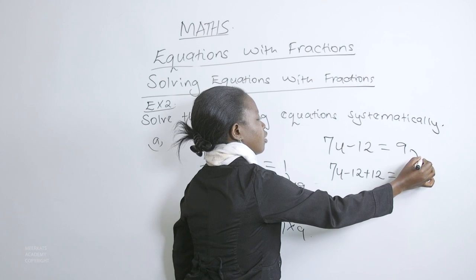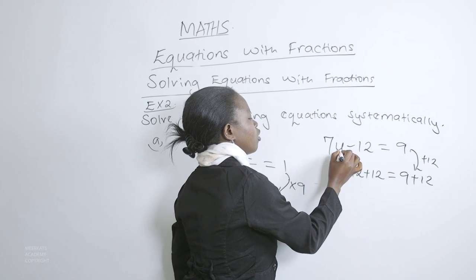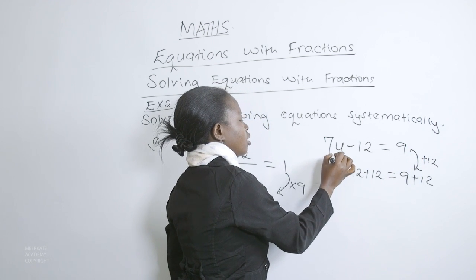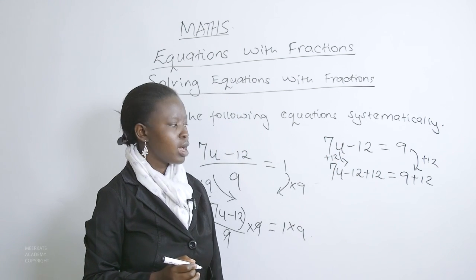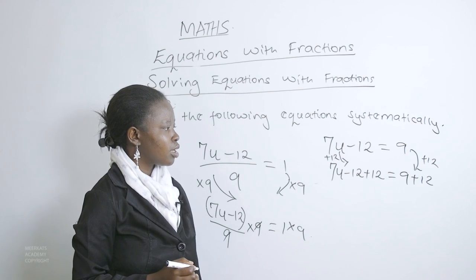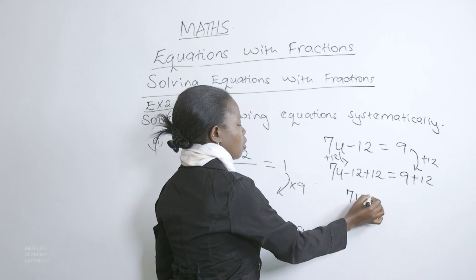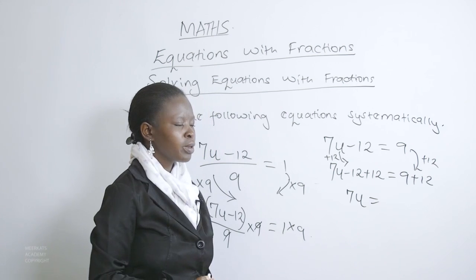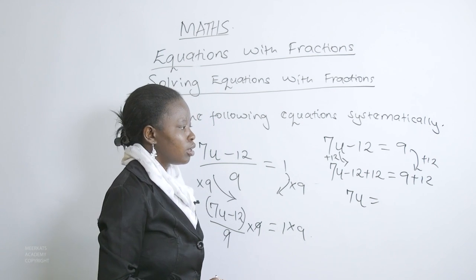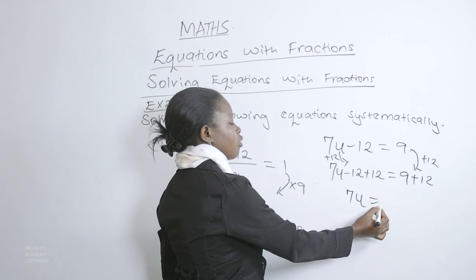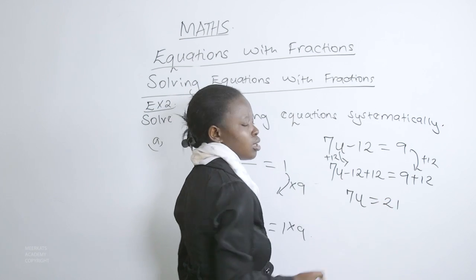So the step we are taking is adding 12 on the left-hand side and on the right-hand side. Then we are left with 7u will be equal to 9 plus 12. 9 plus 12 is 21.